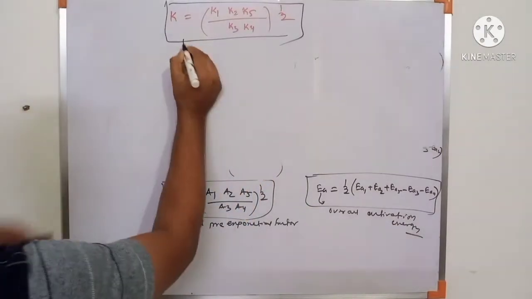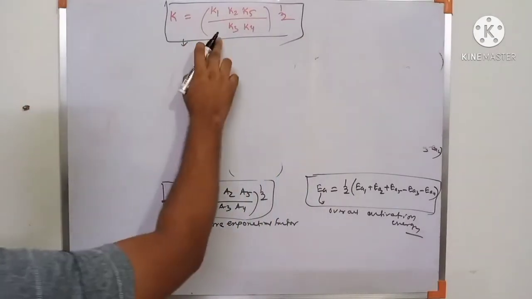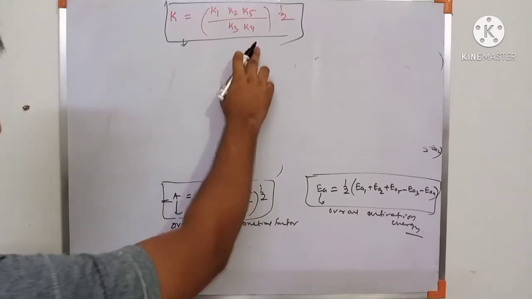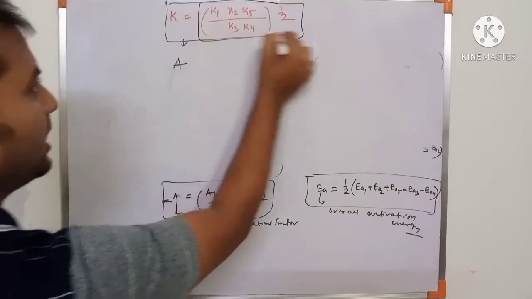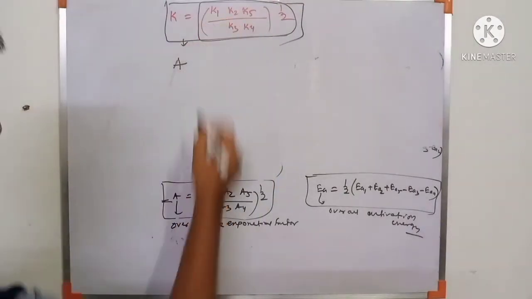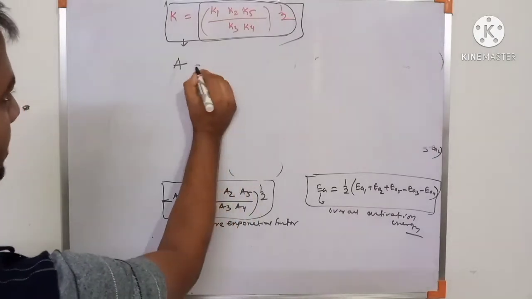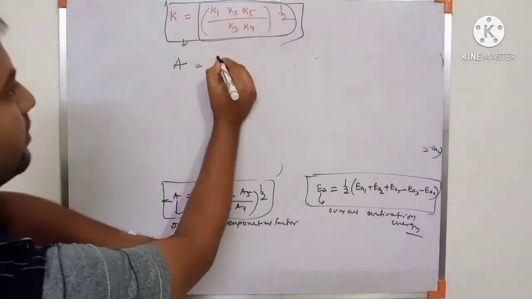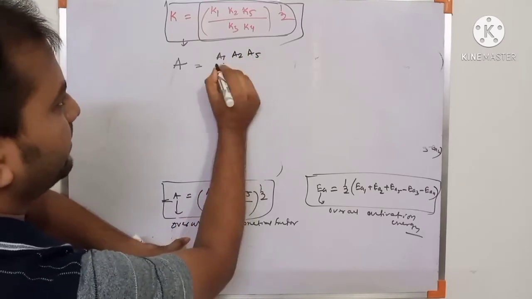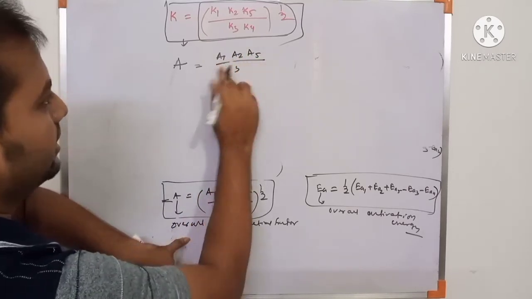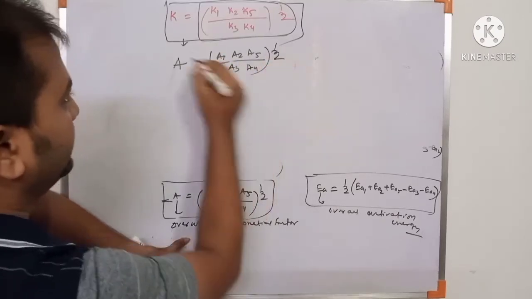The trick is that if k equals some constant, k1, k2, k3, we substitute into the total activation energy equation: k1 substituted by a1, k2 by a2, and so on. Remember, k equals k1 times k2, k5 by k3 k4, whole to the power half.